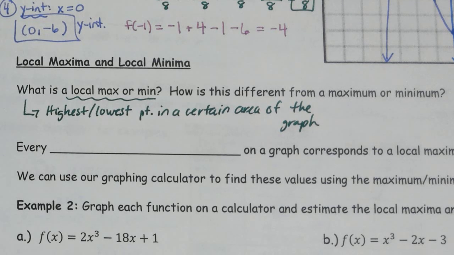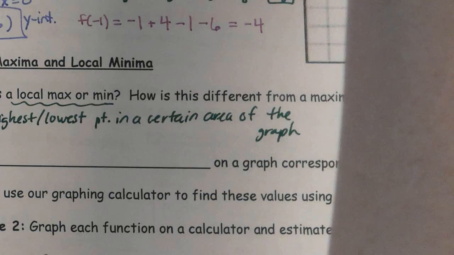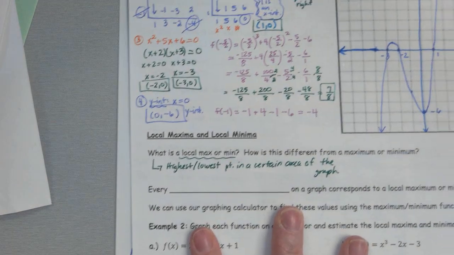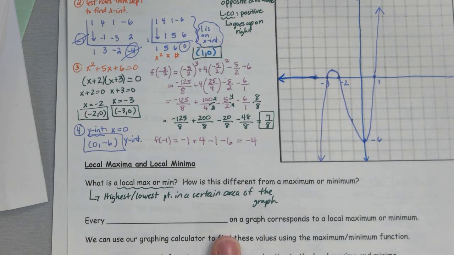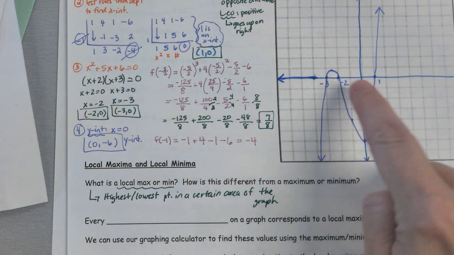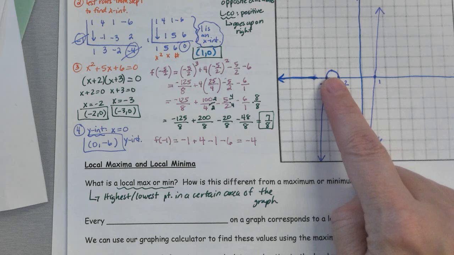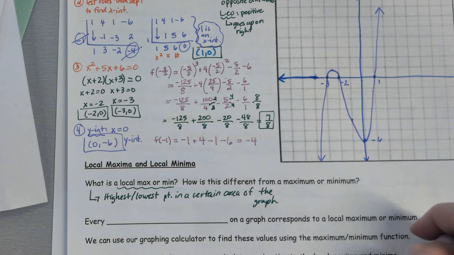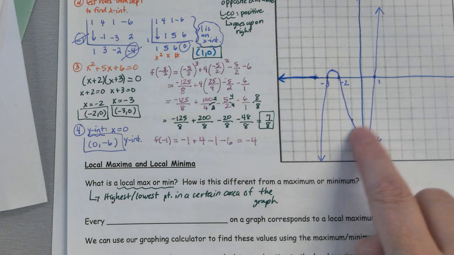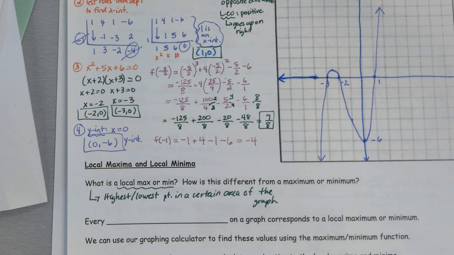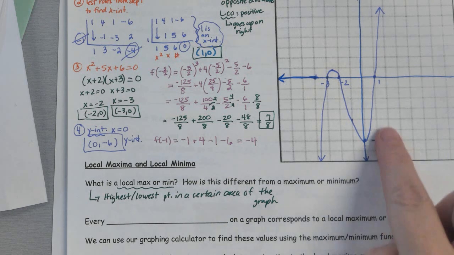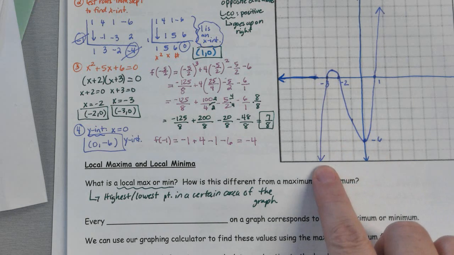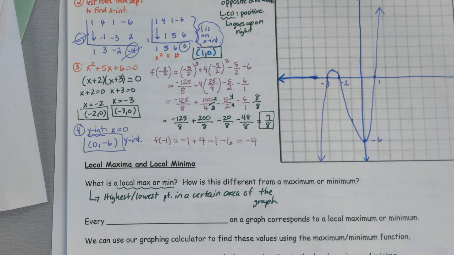The one that we just graphed has a local maxima and minima, because if you look at this graph, in this area, this is the highest point. But is that the highest point of the graph? No, because this guy is going up to infinity. And here, this is the lowest point in this area, but it's not the lowest point overall because that one keeps going down.